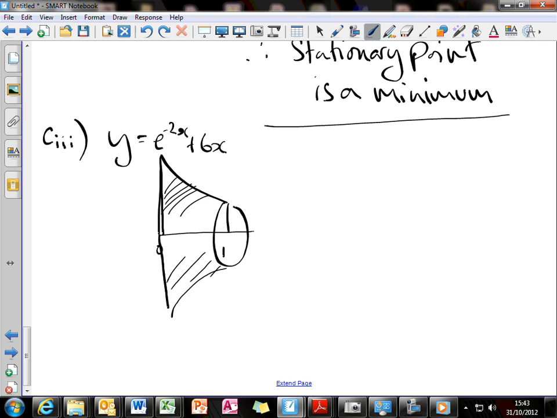So the volume is going to be π multiplied by the integration of y squared between 0 and 1.